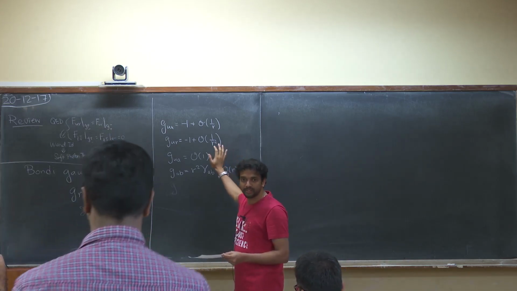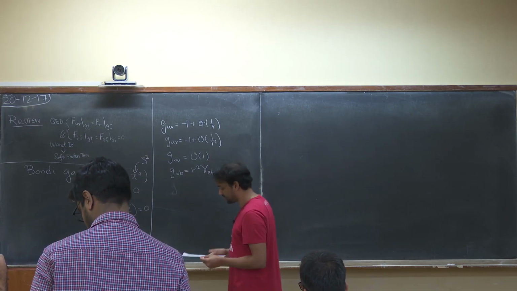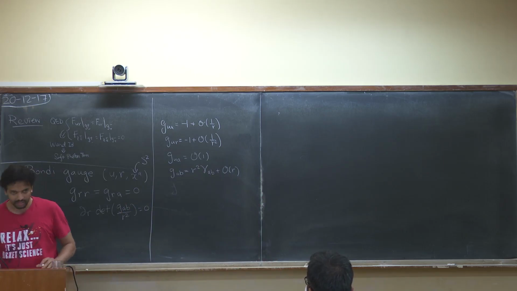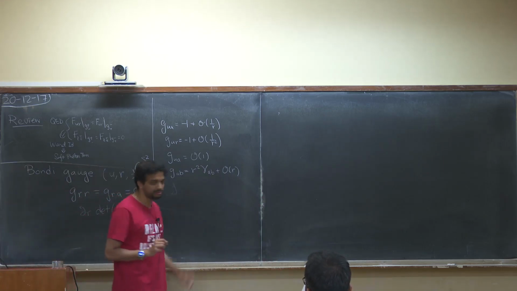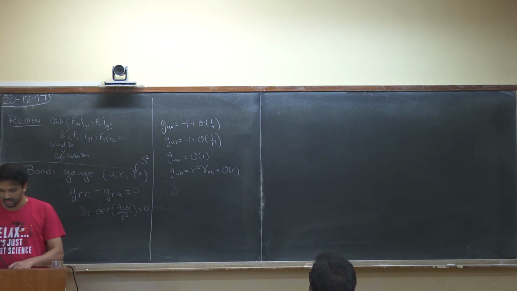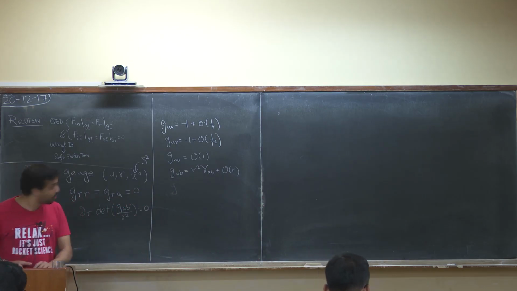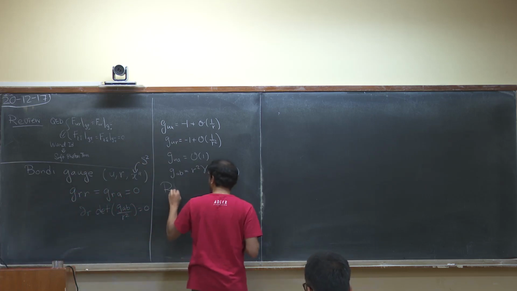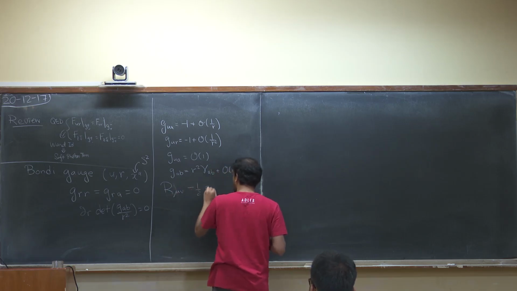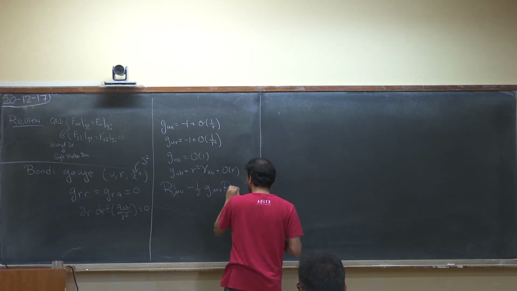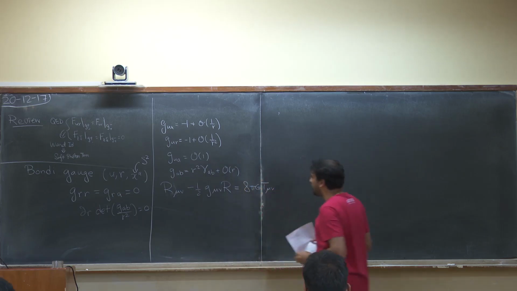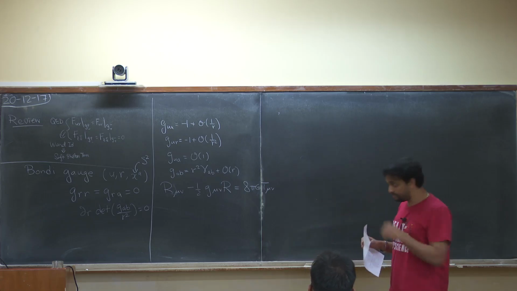Okay, so these are the conditions that define the class of spacetimes that I'm going to be studying, or that Bondi originally decided to study. And you might question these, that's completely valid, but they gave many motivations to study this class of spacetimes. In fact, for instance, you can then plug this into Einstein's equations, just like we did for QED, and then solve it order by order in large r.